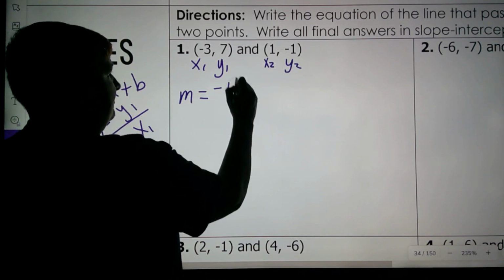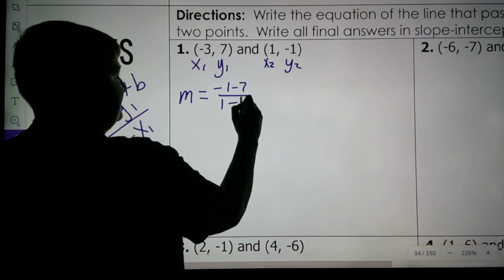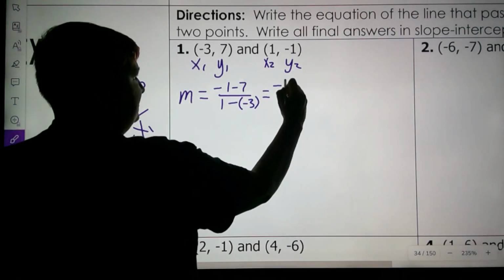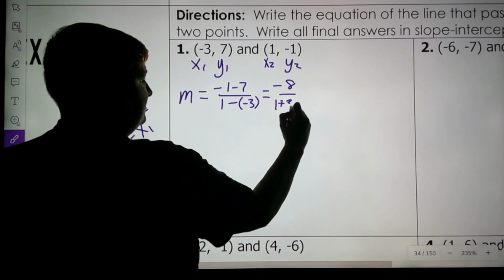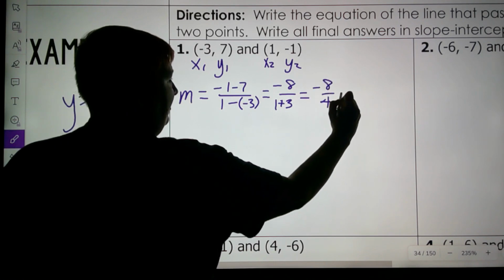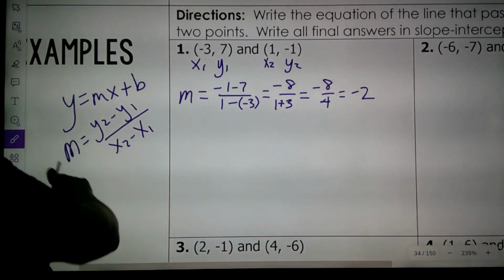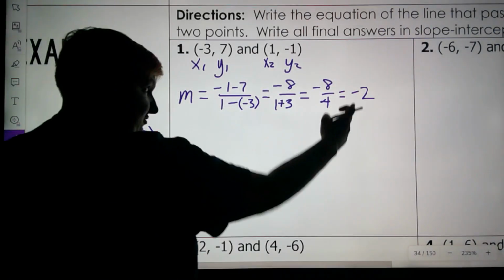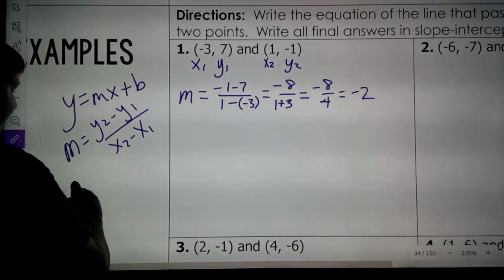Y2 minus y1 over x2 minus x1 is going to be negative 8 over 1 plus 3, so it's going to be negative 8 over 4, which is negative 2. Now that we know the slope, negative 2, we can use either point to put it into the formula.